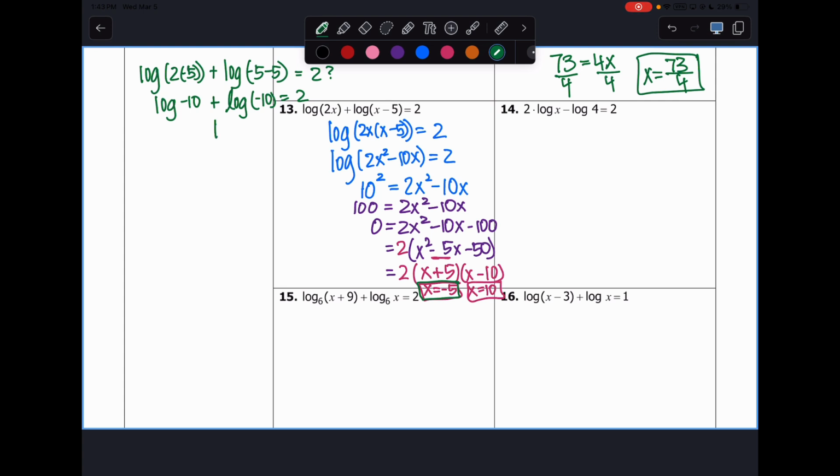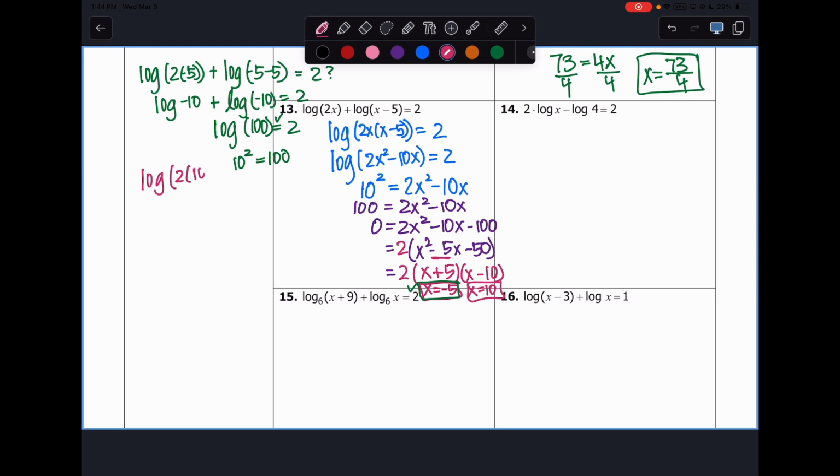So we can combine it using the product property, right? Negative 10 times negative 10 is 100. What's 10 to the second power equal to? So it works, right? Can you do that on your calculator? Put in log 100. Log of 100. What do you get? It should work. Good.